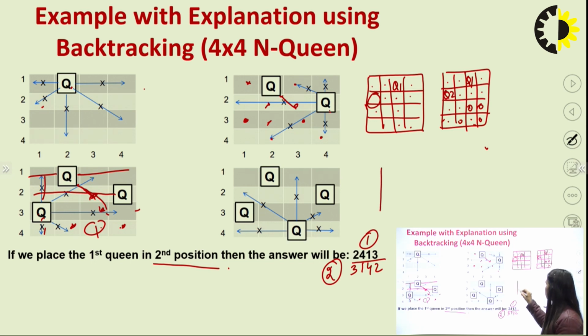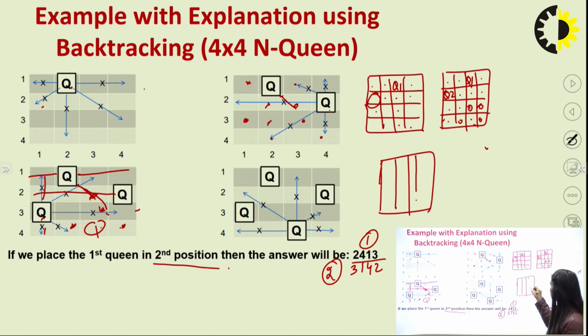Okay, next, see, q1 q2, these places are available for me.